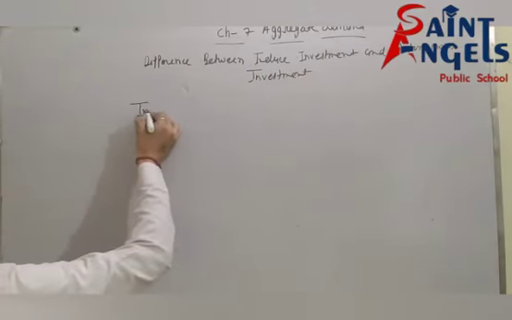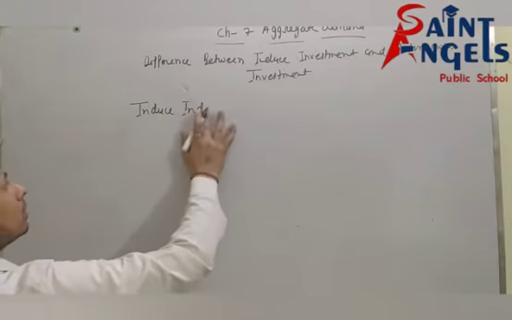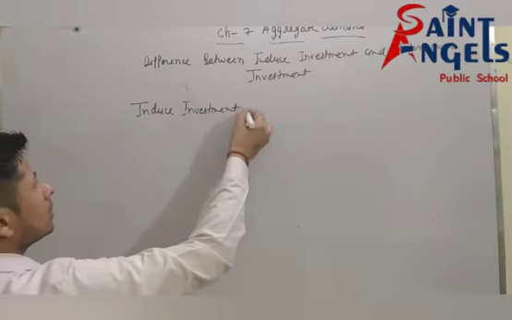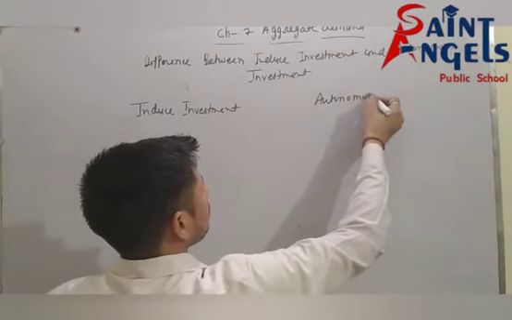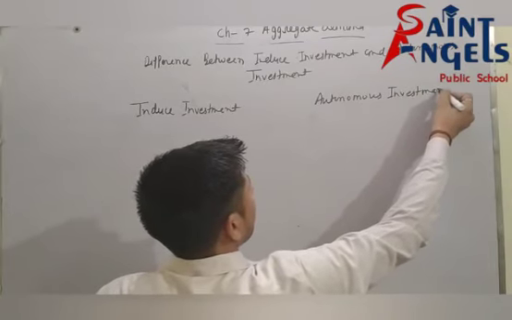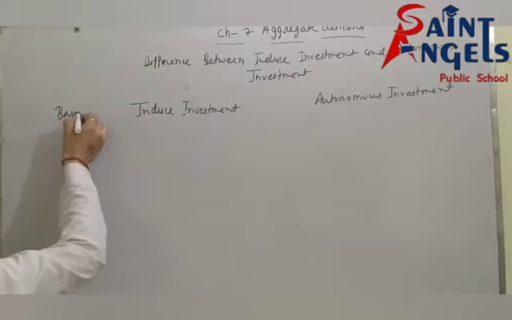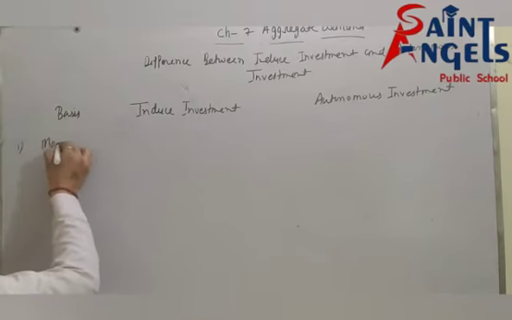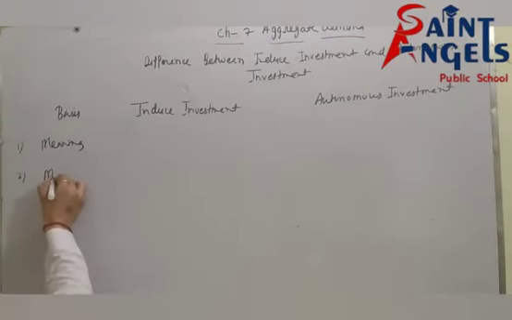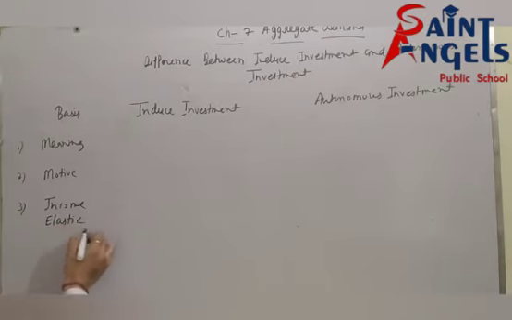The first basis is meaning, second basis is motive, third is income elasticity, fourth is investment curve, and fifth is sector.